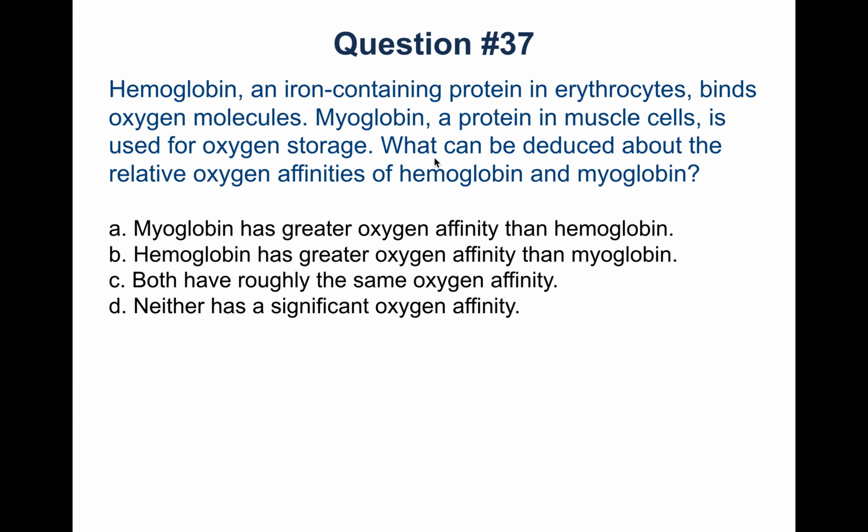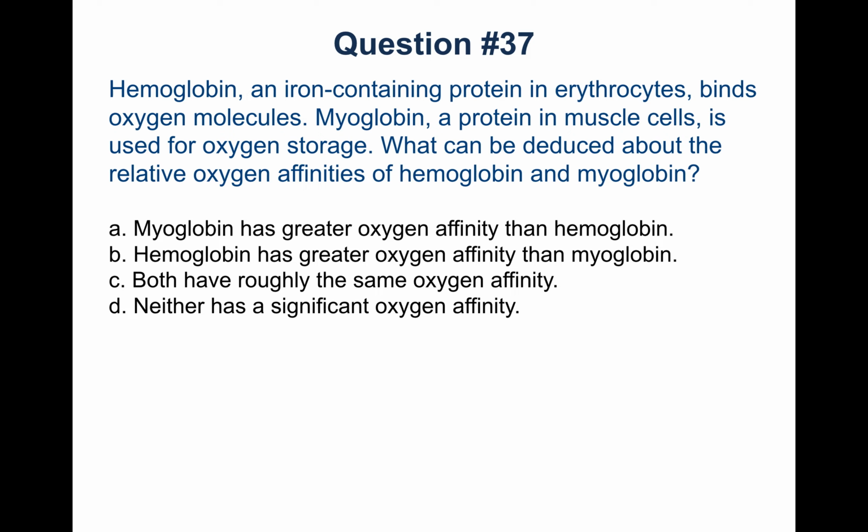Okay, question 37. Hemoglobin, an iron-containing protein in erythrocytes, binds oxygen molecules. Myoglobin, a protein in muscle cells, is used for oxygen storage. What can be deduced about the relative oxygen affinities of hemoglobin and myoglobin? So you breathe in oxygen in the lungs.